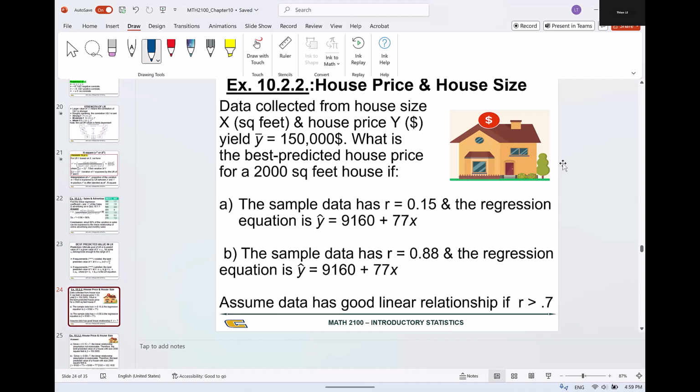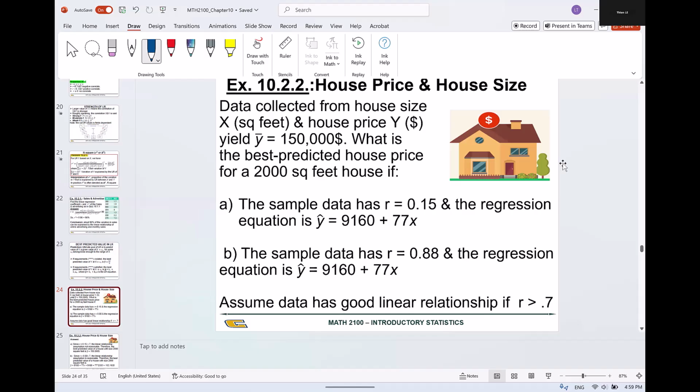If the sample data has R, the linear correlation coefficient, equal 0.15, the regression equation is y hat equals 9,160 plus 77x. And in another case, the sample data has R equal 0.88, and the regression equation is y hat equals 9,116 plus 77x.